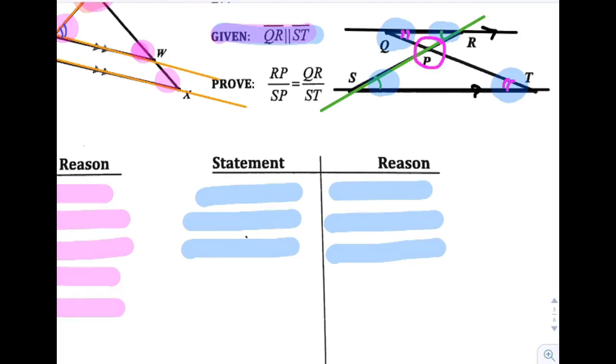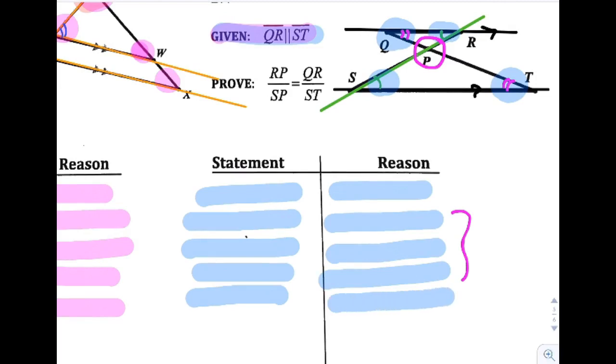You could name those 1 and 2 and say angles 1 and 2 are equal because vertical angles are congruent. You only need 2 out of these 3 because now you're going to say, it doesn't ask you to prove the triangles similar, but you still have to. So you say triangle QRP is similar to triangle TSP because of the angle-angle theorem.